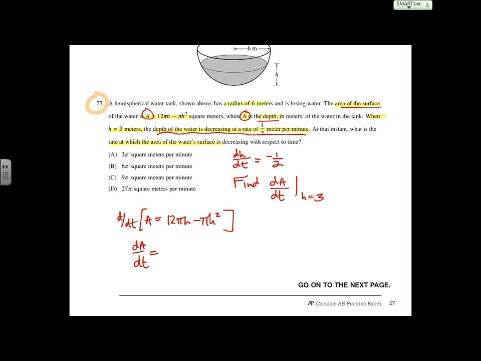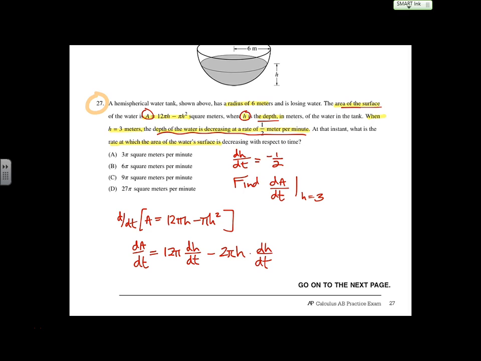Derivative of 12 pi h is 12 pi. Derivative of h is just 1 times dH dt. Implicit differentiation. Derivative of pi h squared, pi is just a constant, so bring down the 2, keep it with the pi, h to the first power times dH dt.